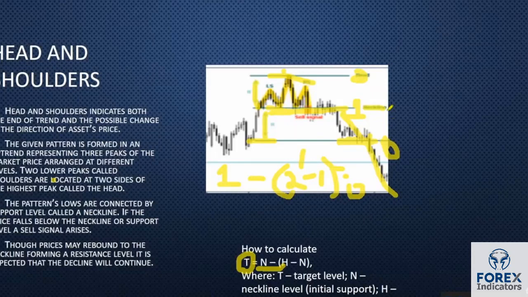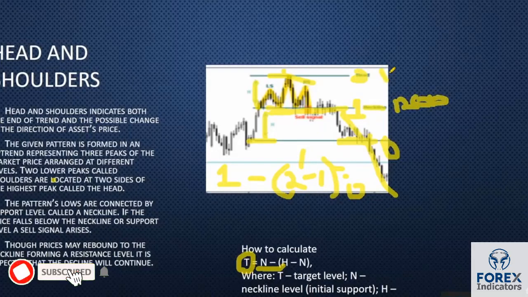So if this was gold, and the neckline of gold happened to be at $1,200. It peaked at the head at $1,250. We would then set our target at what?